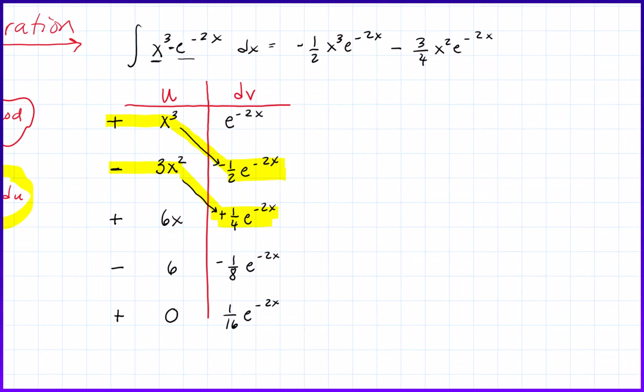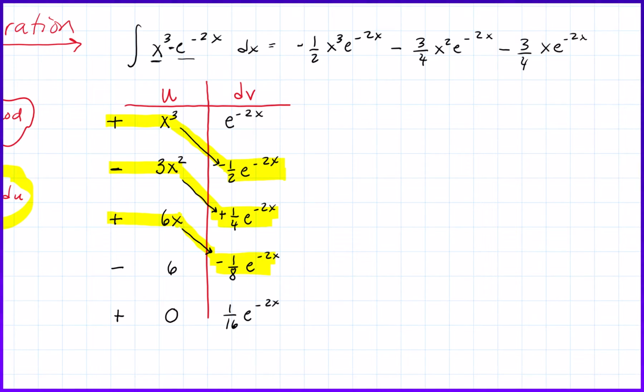And then my next u times v comes from this diagonal, and it ends up being 6x times negative 1/8 e to the negative 2x, so that becomes a minus, since it's 6/8, a minus 3/4 x e to the negative 2x.